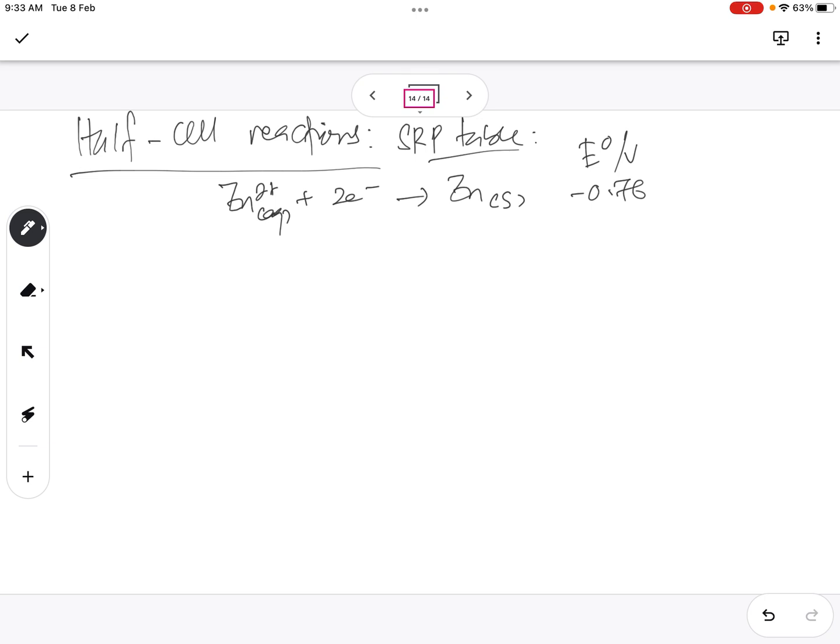SHE kena cari. SHE first time kita buat kan. So pergi ke jadual table tu pada muka surat terakhir, kita cari SHE. SHE senang saja. Nilainya 0.00. Nampak tak? The value is 0.00. Itu SHE. 2H+ + 2e- to H2 gas, 0.00.